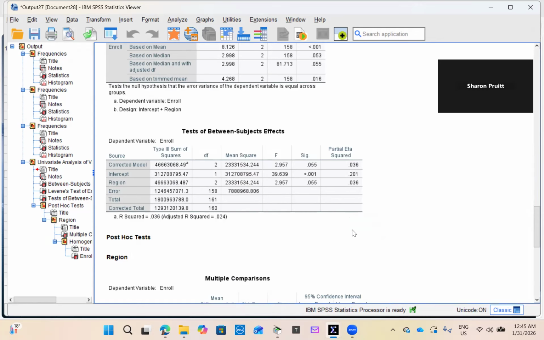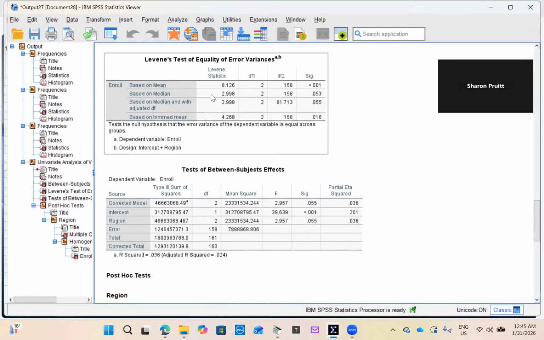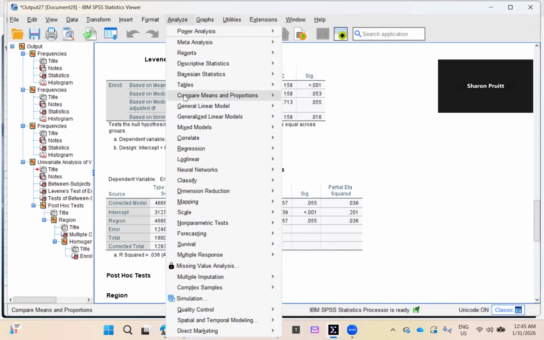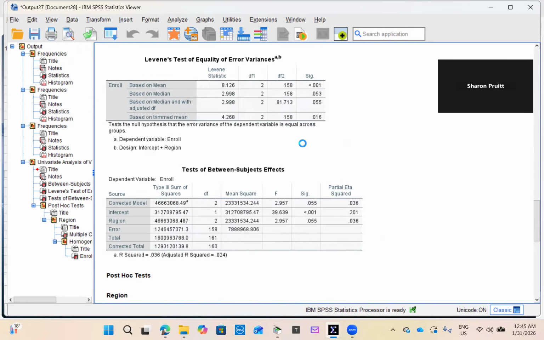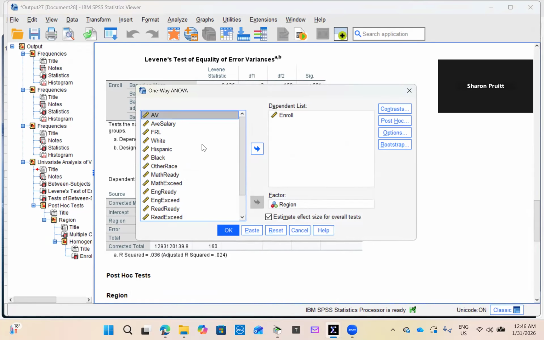The ANOVA table presents the same test in a traditional ANOVA format, separating variability into between group and within group components. To assess the ANOVA table, you go to Analyze, Compare Means and Proportions, and click on One-Way ANOVA. Enroll goes into the dependent list, region goes into the factor list.